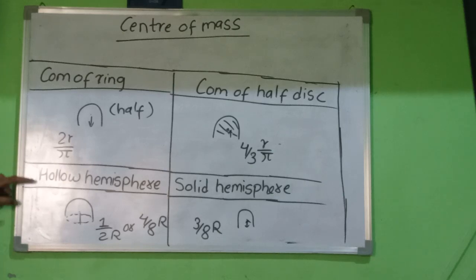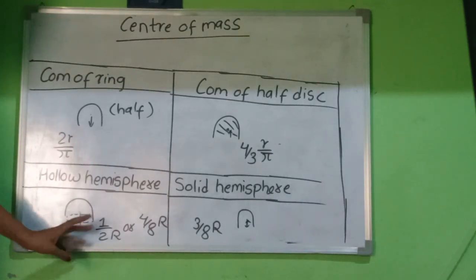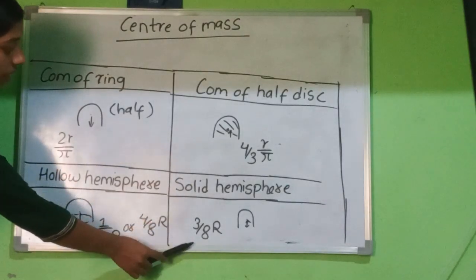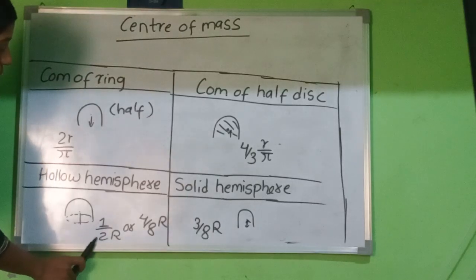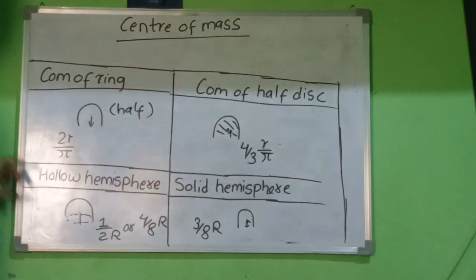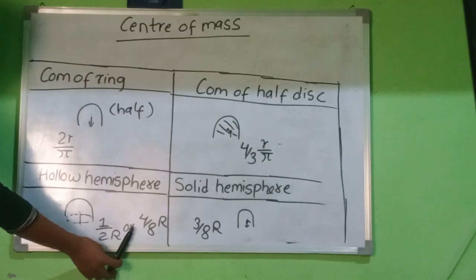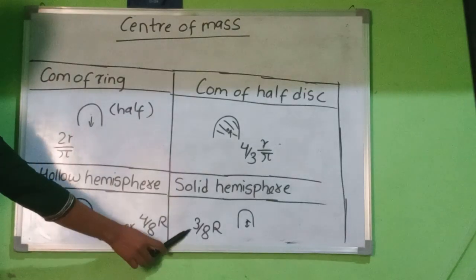And then for the hemispheres, for easiness we remember that for the solid hemisphere it is 3 by 8 r, and for the hollow hemisphere it is 1 by 2 r. We can also remember it as 4 by 8 r, which is 1 by 2, and 3 by 8.